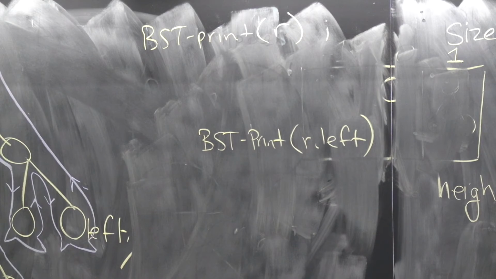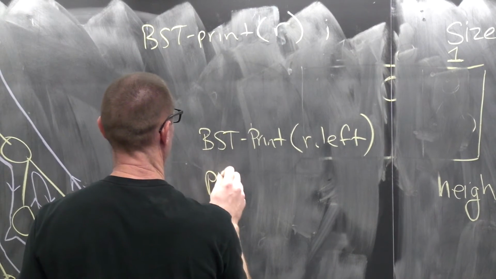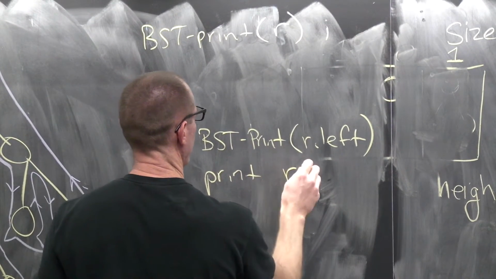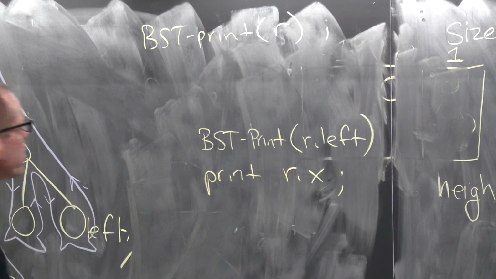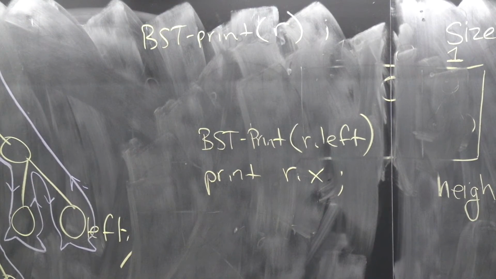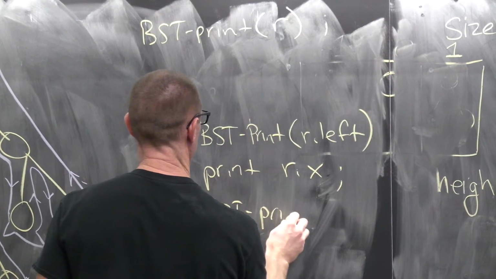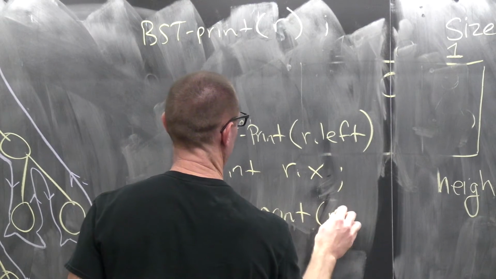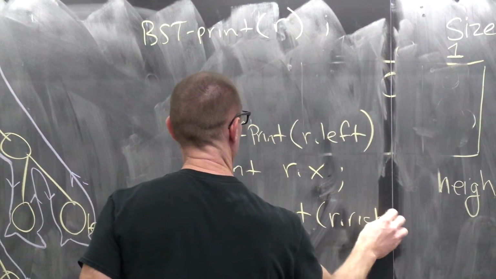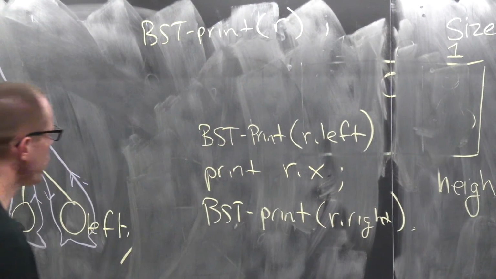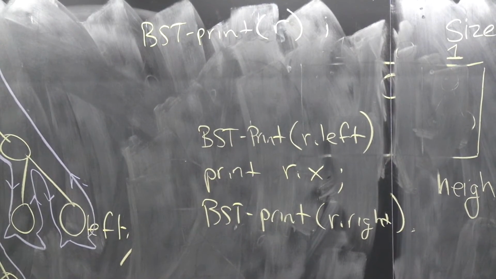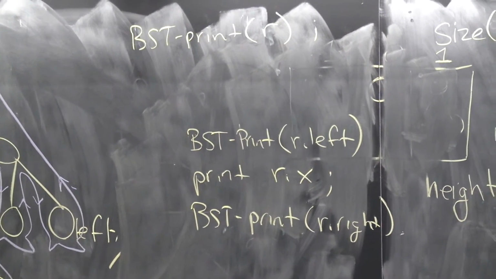I should print out the value at the root. Let's call that r.x. And then what do I do? Yep. The right tree. And I should print out all the values that are bigger than the root. And so what's missing from here?